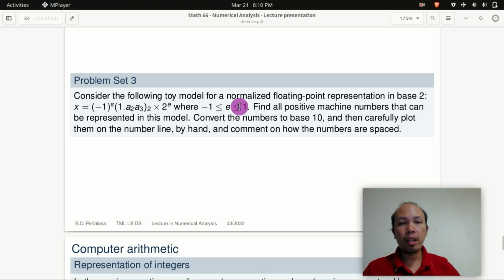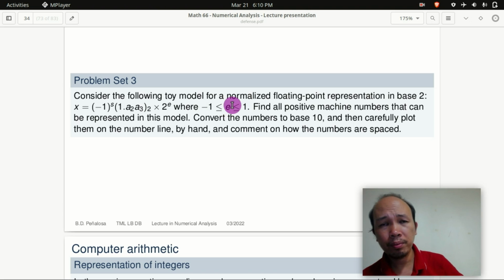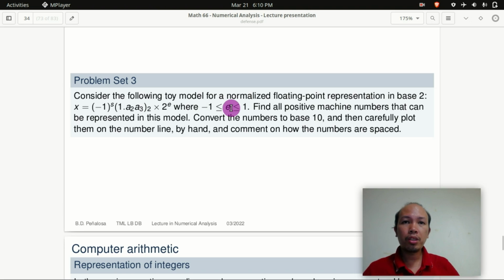Of course, we will not count the one half exponent, because when we say exponent, it should be an integer. And you are asked to find all the machine numbers that can be represented in this model, and then convert the numbers to base 10.